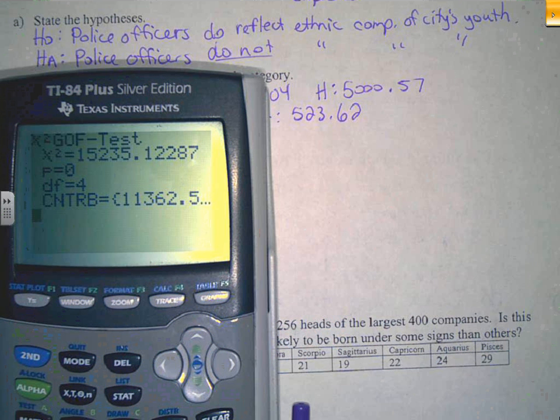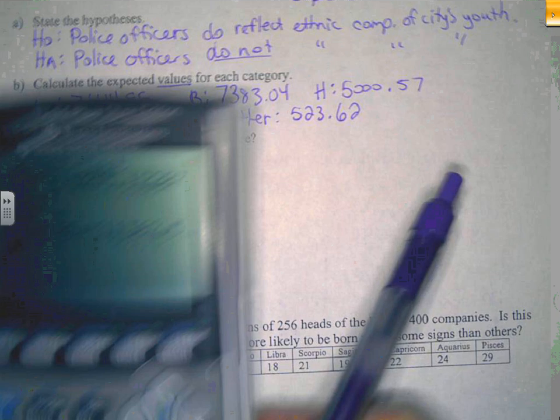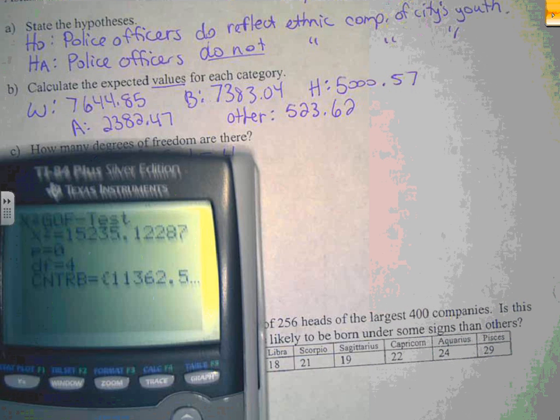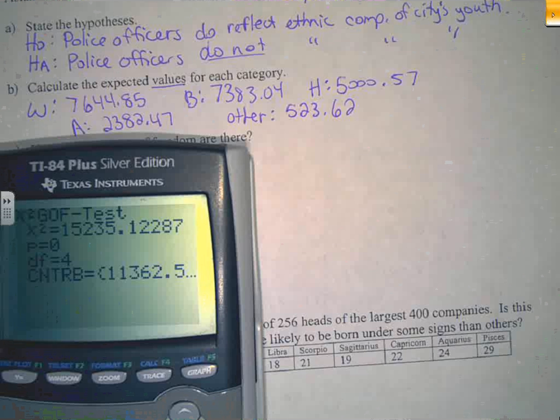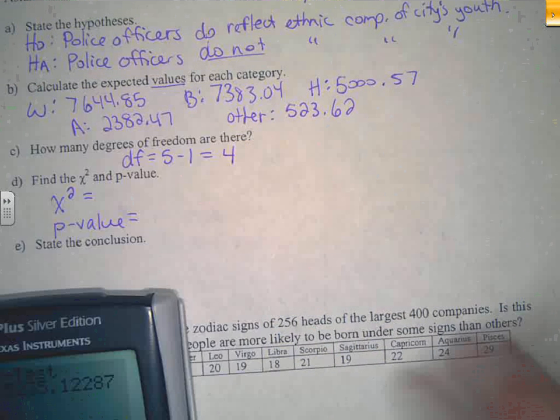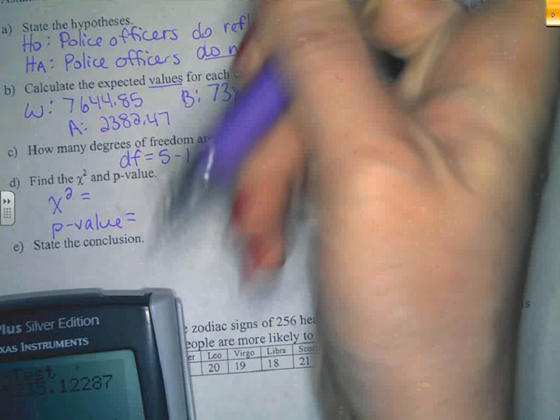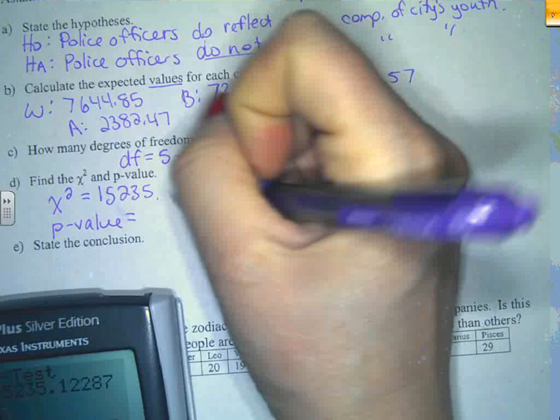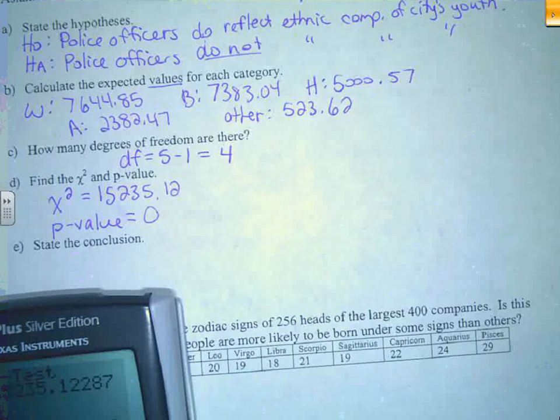Okay, I'm about to show you. Alright, so that's chi-squared. It rounds to the same thing. Okay, and that's okay. It can depend on how you rounded your answers. Is your p-value the same? Yeah. 0? Okay, and that's what's most important.